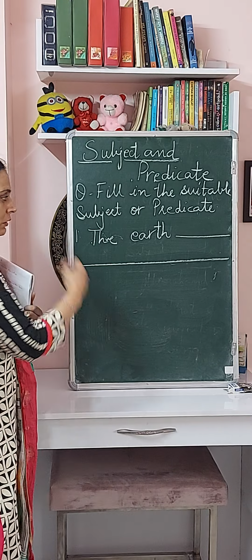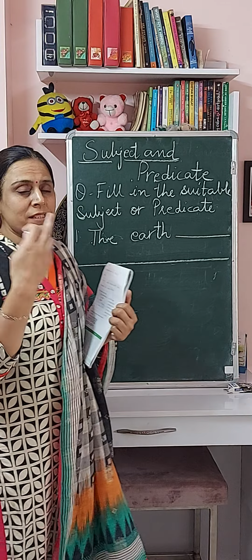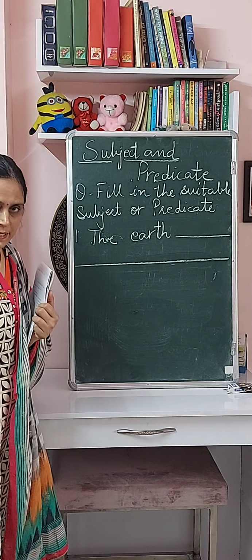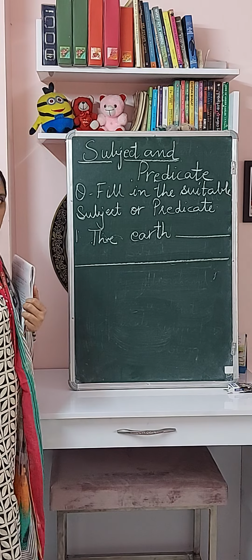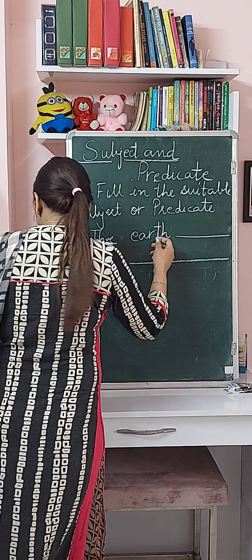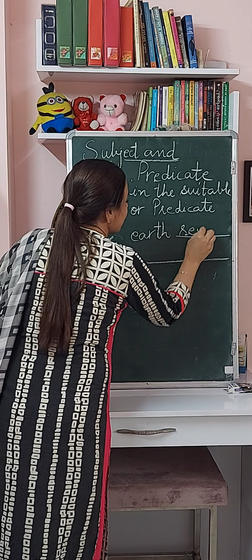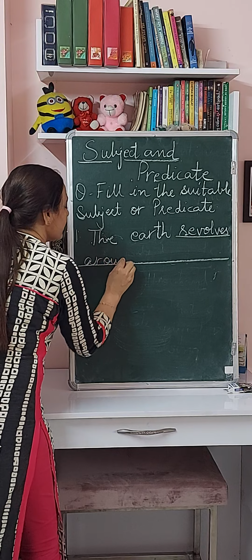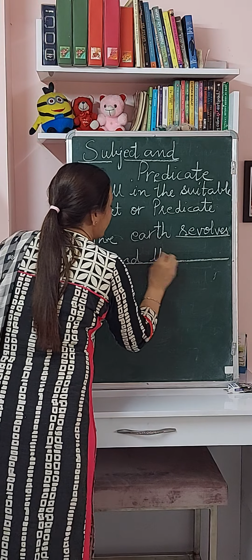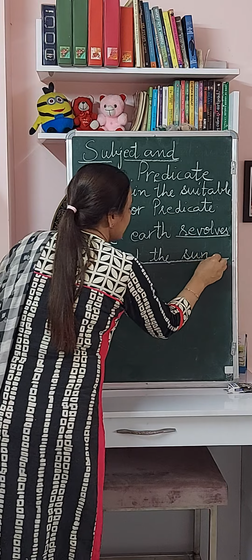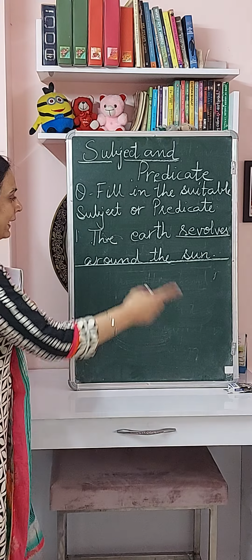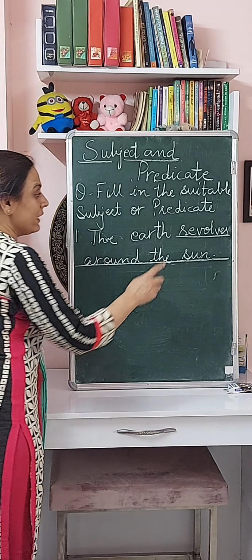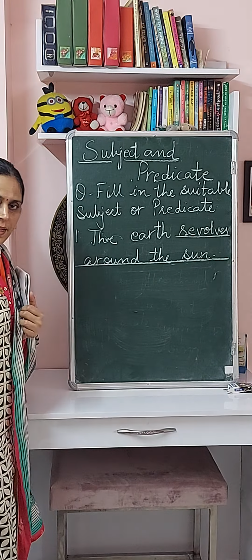We are talking about the earth. So now we have to think of something related to the earth so that we can make a full sentence. So the subject has been given to us. The earth, you can say, revolves around the sun. So we can add this predicate to make it a full sentence. The subject was given to us and we have filled in revolves around the sun.